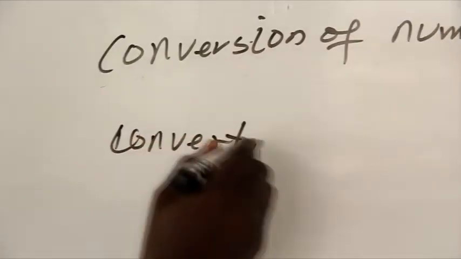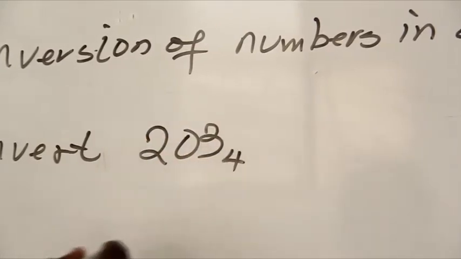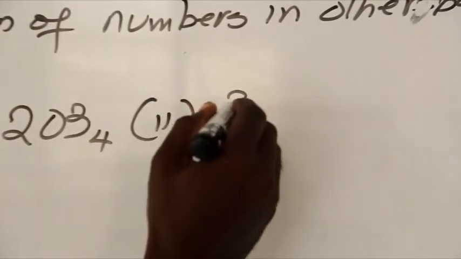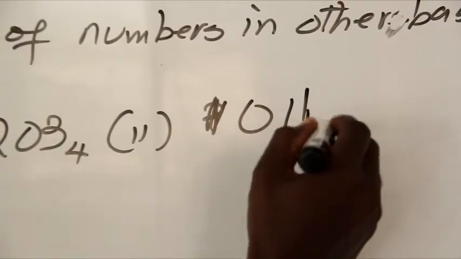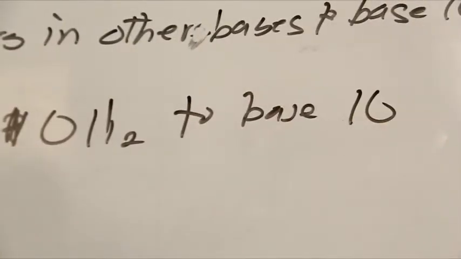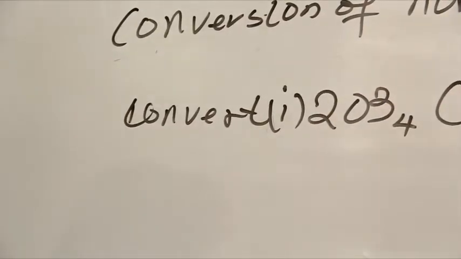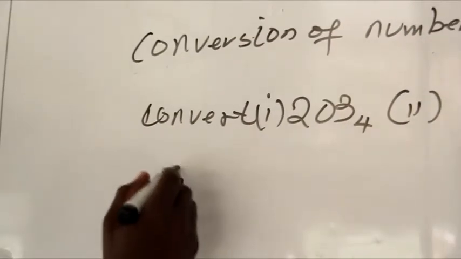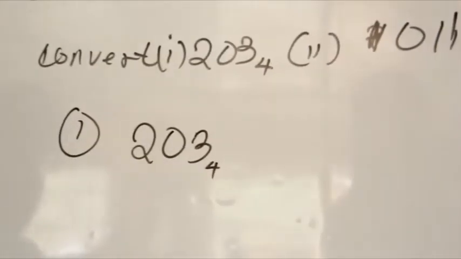Convert 2034 in base 4 and 1011 in base 2 to base 10. So we have two examples to show how to convert numbers in other bases to base 10. The first one is a number in base 4, which we can see as a subscript.